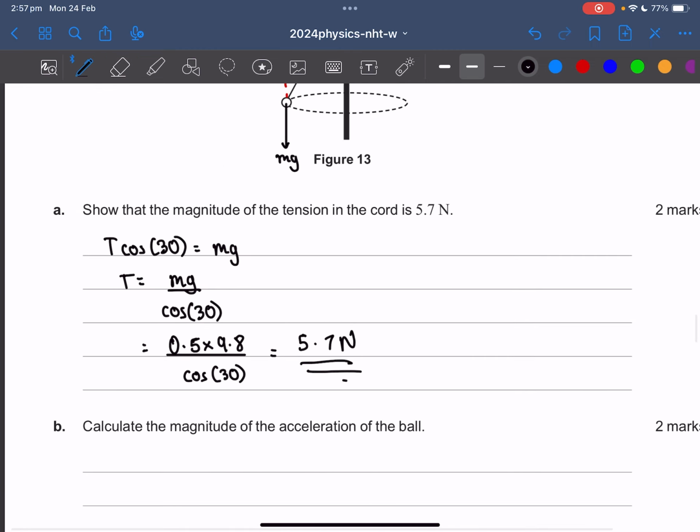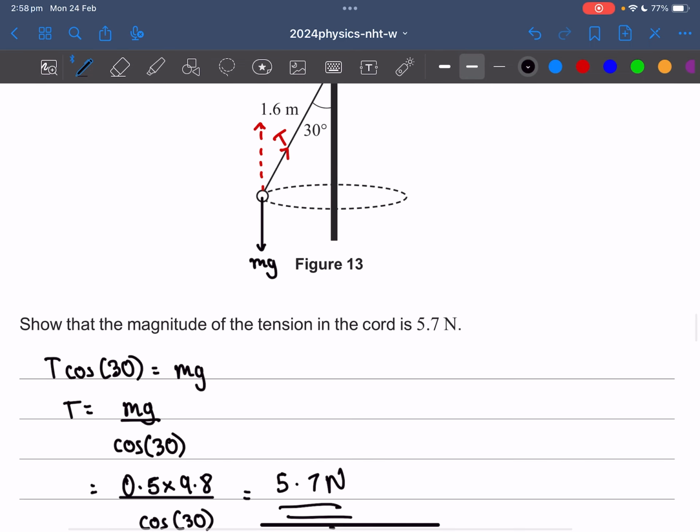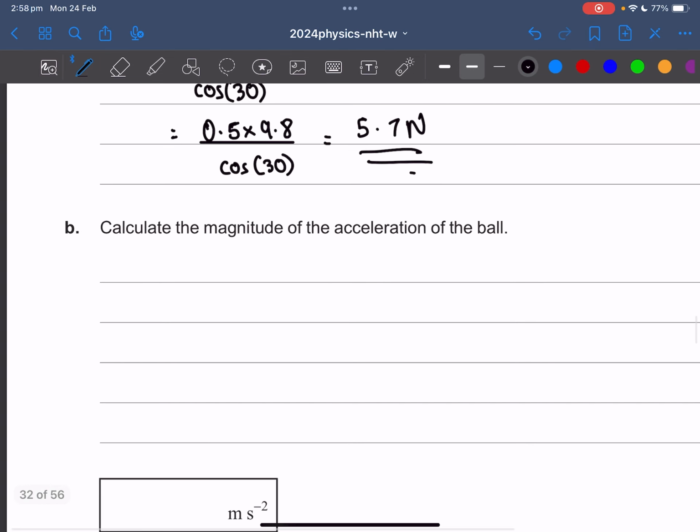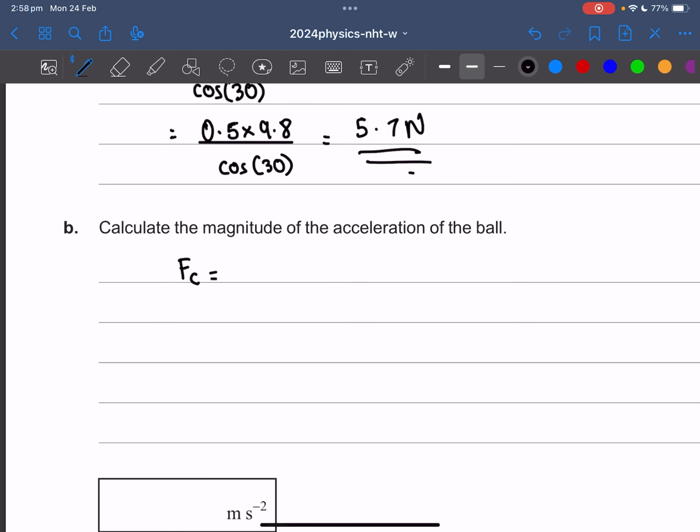Calculate the magnitude of the acceleration of the ball. If I expand on this, there will be a horizontal component of the tension as well, like so. And that has to match the centripetal force, right? So Fc equals T sine of 30. Then we have m times a_c equals T sine 30.